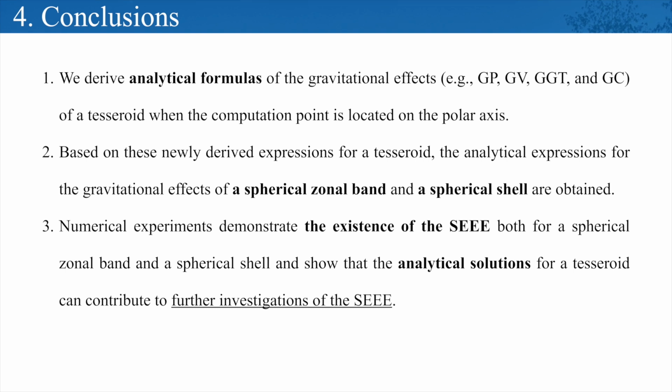In summary, numerical experiments demonstrate the existence of the SEEE, both for the spherical zonal band and spherical shell. It shows that the analytical solutions for tesseroids can contribute to further investigation of this SEEE.